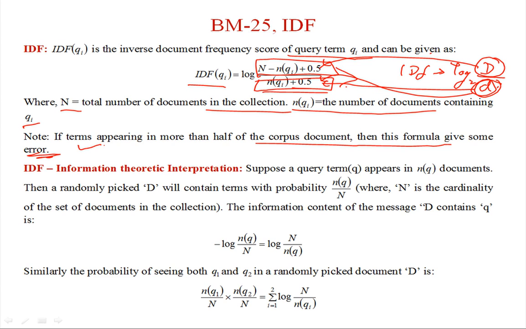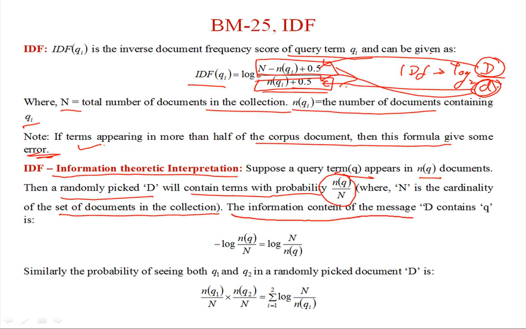Now we will go through the information theoretic interpretation of the IDF part. Suppose a query term Q appears in nQ documents, then a randomly picked document will contain the term with probability nQ divided by N, where N is the cardinality of the set of documents in the collection, or the number of documents in the collection. The information content of the message D can be given as minus log nQ by N, which is equal to log N by nQ.